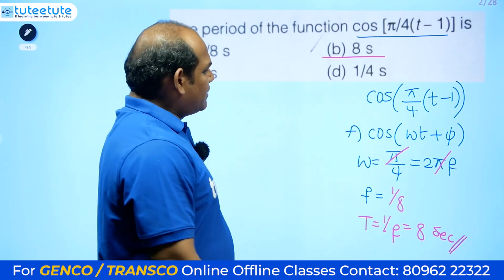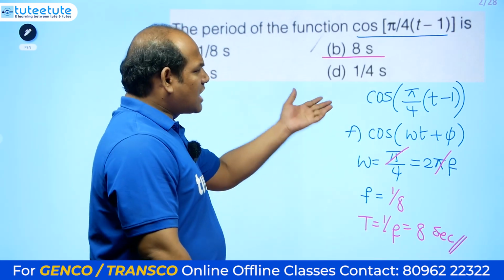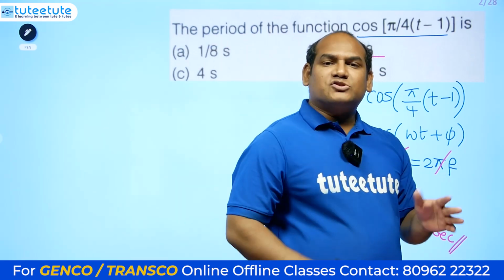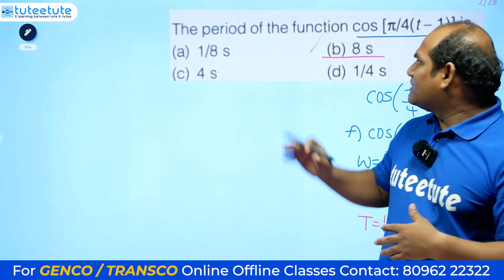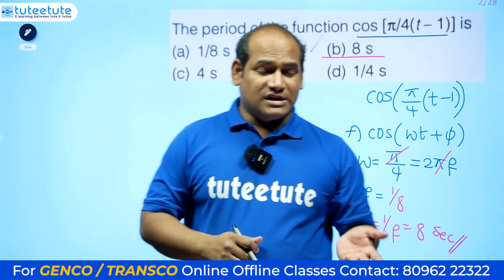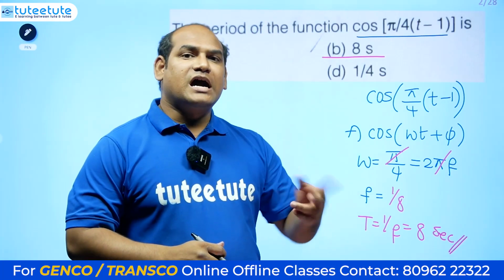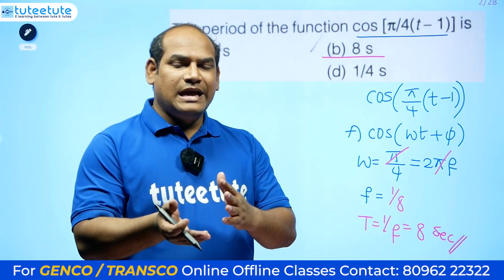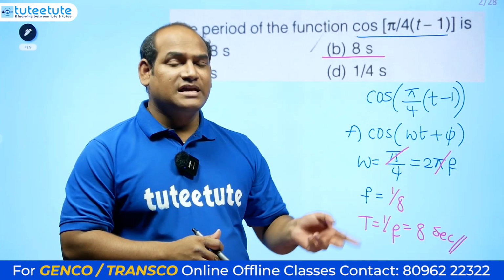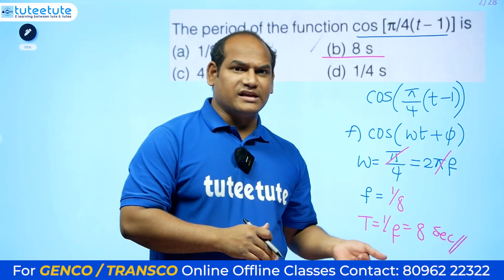So in this way we can calculate the period of the normal signal. On this particular calculation of the time period, so many problems will be there. Instead of giving only one cosine function, you can work with sine function. You can work with the combination also, that means cos and sine: the addition of two cos signals, addition of two sine signals, and addition of cos signal and sine signal.